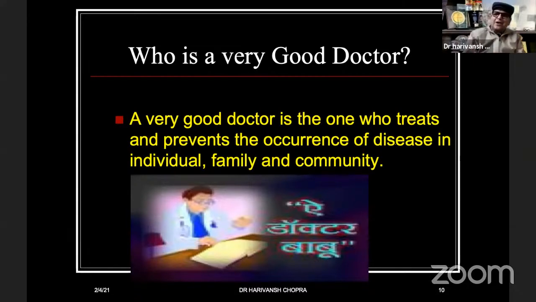If you could prevent the COVID infection in the community, ultimately the government realized, though late, that it is the people from community medicine who will be able to perform this job. No curative medicine person can do it, right?